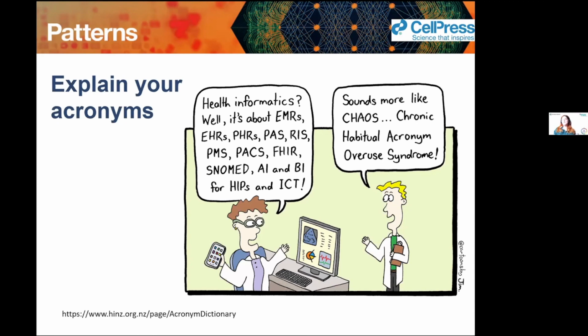And if you're trying to communicate your research to somebody outside your field, they're going to get completely lost if they don't understand what your acronyms are, because they could have an acronym in their field that is exactly the same letters but means something completely different. So again, think about your audience and who you're communicating with.